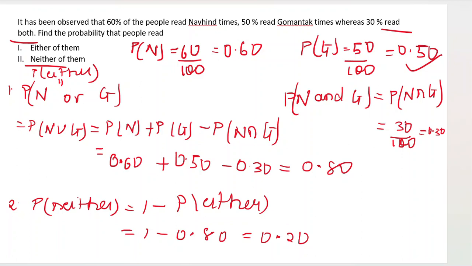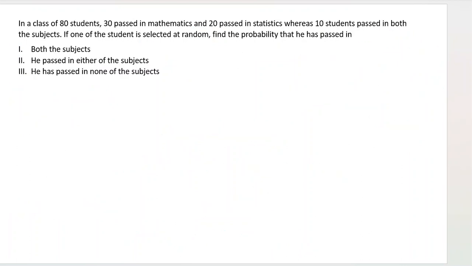We now solve another problem. In a class of 80 students, 30 passed in mathematics, 20 passed in statistics, 10 passed in both the subjects.